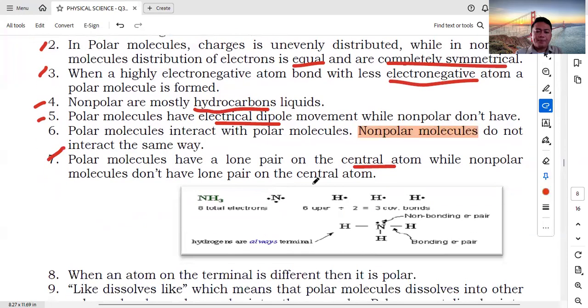Okay? So for example, we have here NH3, or ammonia. If we look at it, it has a non-bonding electron pair. So automatically, once we see this, it is known as polar.